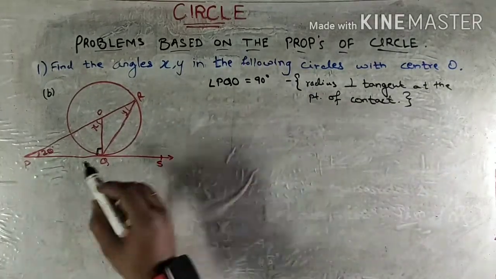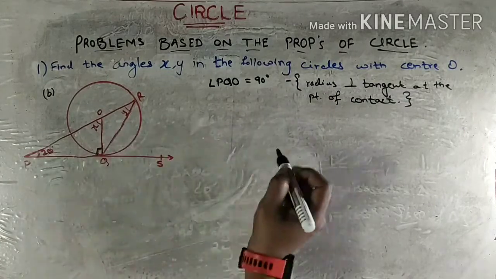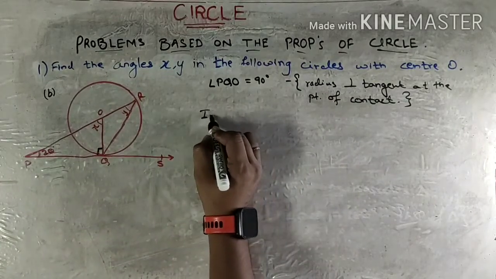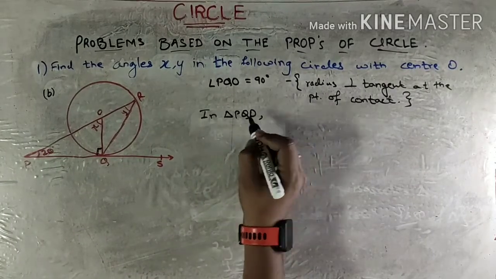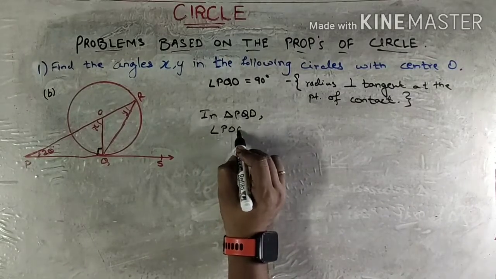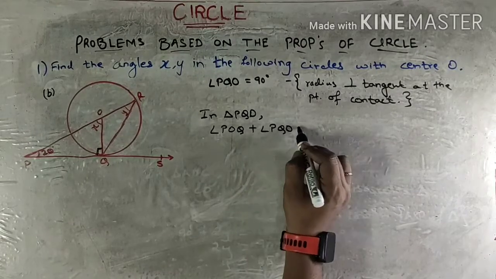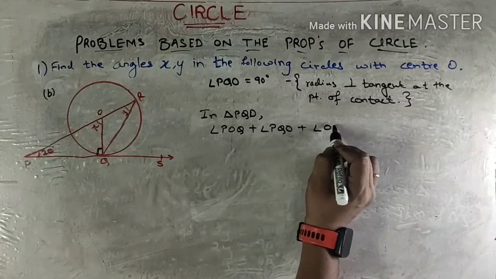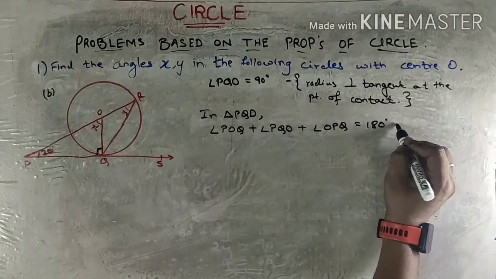Hence we got one of the angles in this triangle, second angle we know, and the third angle we are supposed to find out. In triangle PQO, angle POQ plus angle PQO plus angle OPQ is equal to 180 degrees.